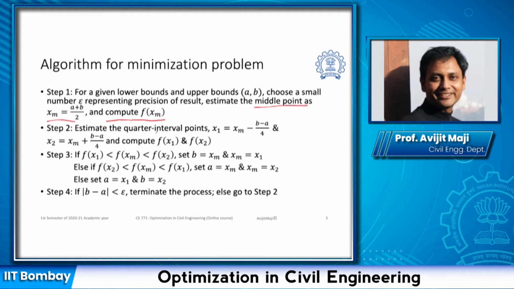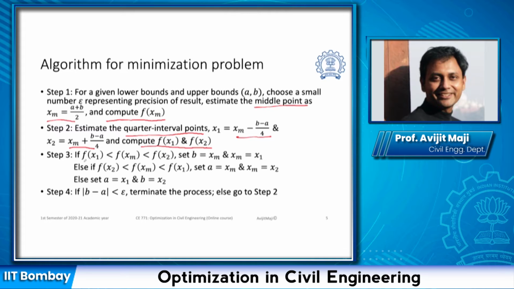Then we look into the 2 quarter interval points on either side of the middle point and find the objective function value at those 2 points. Now we'll be looking into the fundamental region elimination rule to eliminate certain regions.